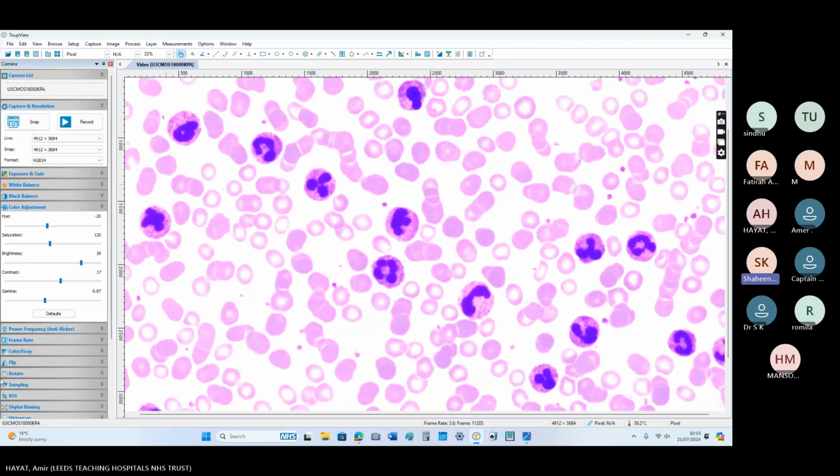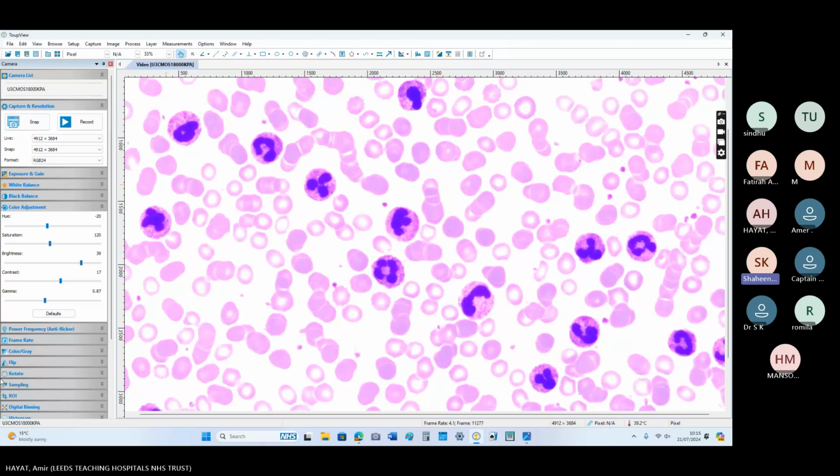Smear shows increased number of white cells, and mainly it's neutrophils. And I can see a few myelocyte left shift, but it's not a prominent feature.